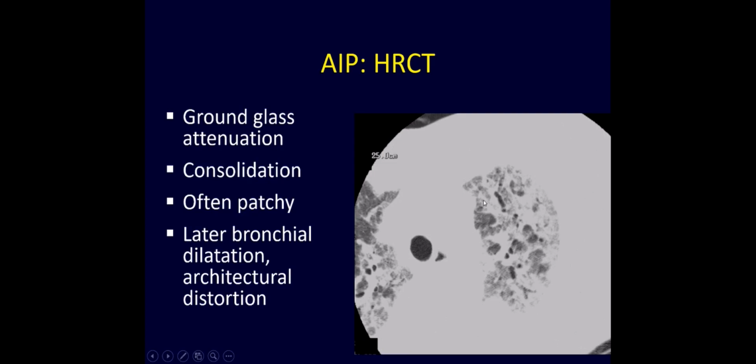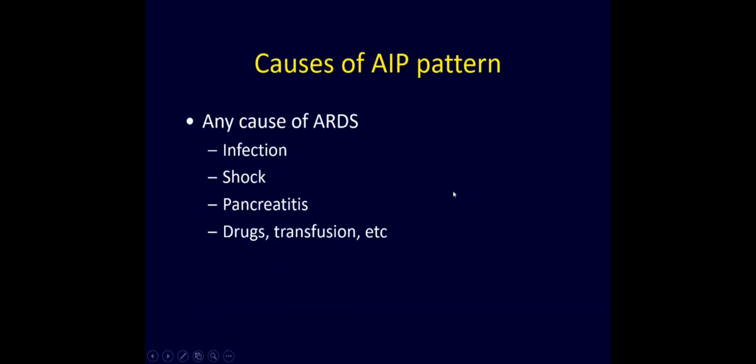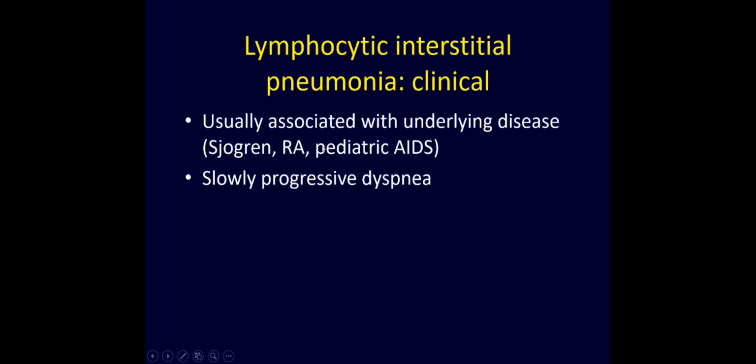In the later phase of AIP, you actually do get traction bronchiectasis, which tells you that the patient is in the organizing phase and developing fibrosis. AIP may be due to any cause of ARDS, as I've listed here, or maybe idiopathic.